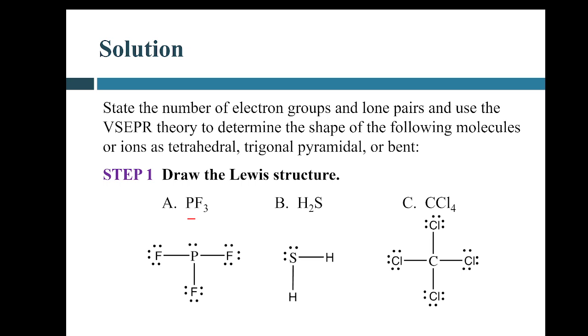And then we have fluorine. That's typically 1 step to a noble gas, isn't it? So we have the P in the middle, 3 fluorines to it. The fluorines get 3 lone pairs on each one. The phosphorus gets 2 electrons to it. And so what's the next one here?